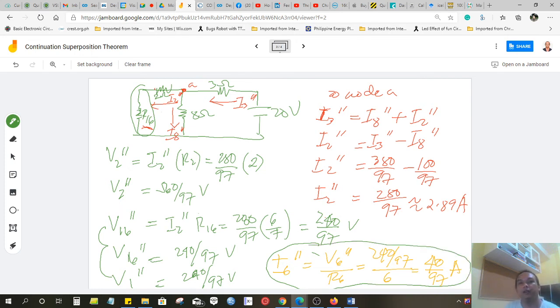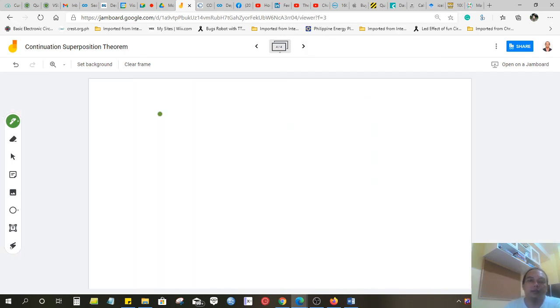Now, to find the value of the true I6, I6 is equal to I6 prime plus I6 double prime.